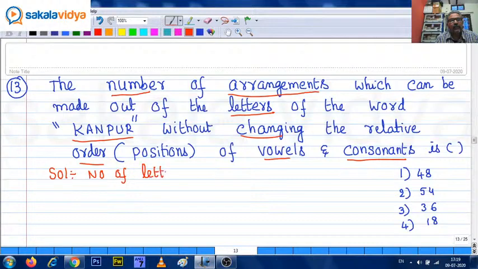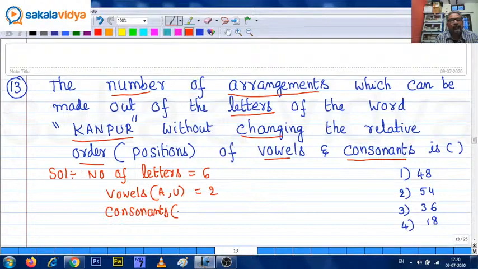How many letters are there in the word KANPUR? 6. The vowels are A, U: 2 vowels. The consonants are K, N, P, R: 4 consonants.